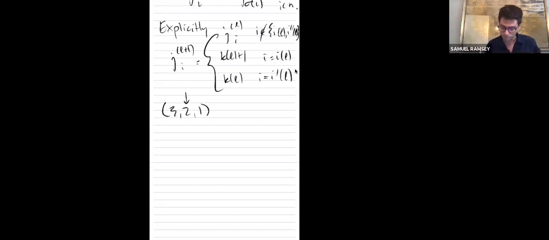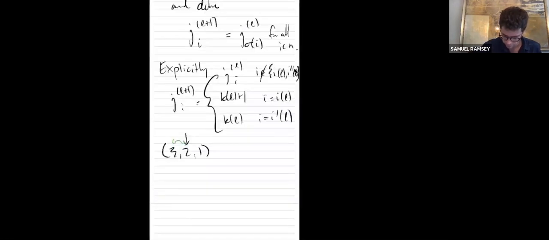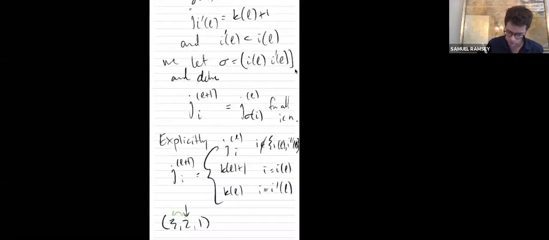And then I swap them. So now I'm going to swap them. Let me make this smaller so that those of you that are trying to write can still see. Okay, so this becomes 2, 3, 1.